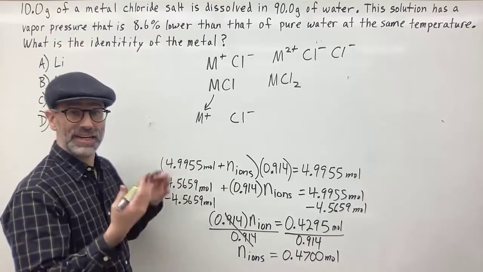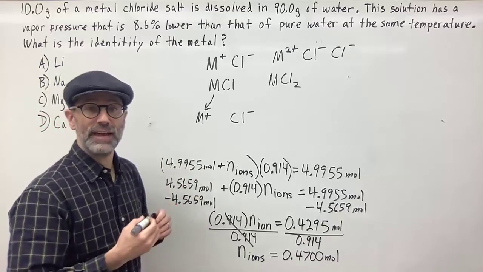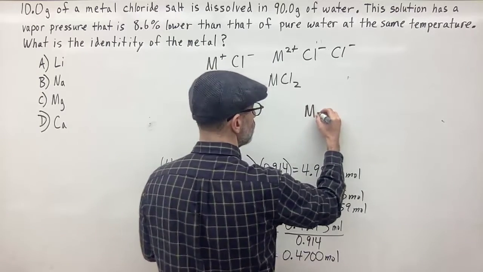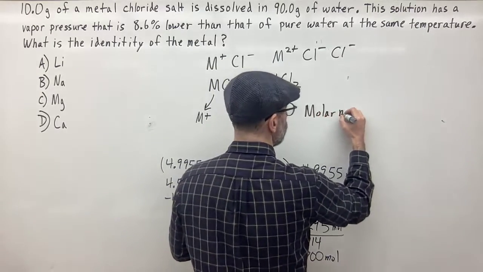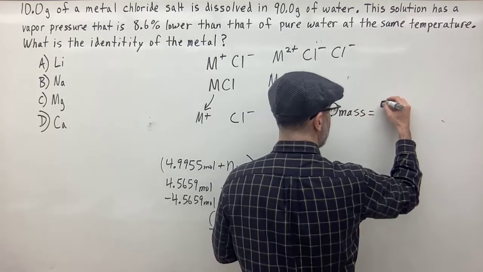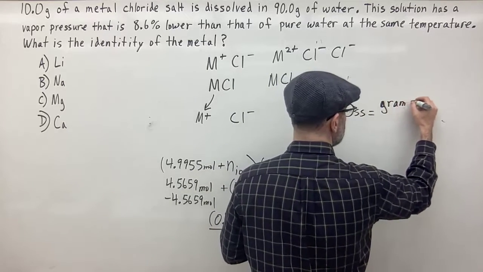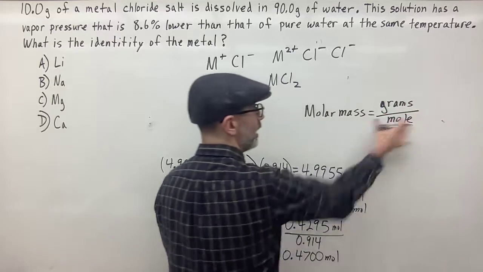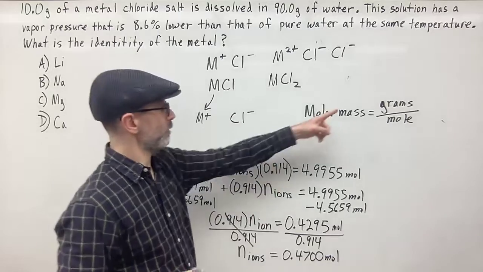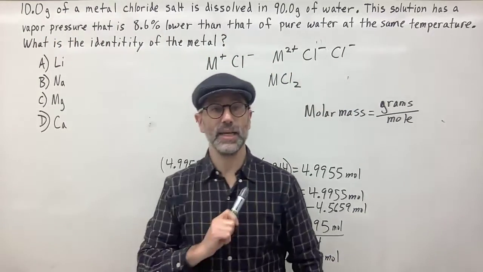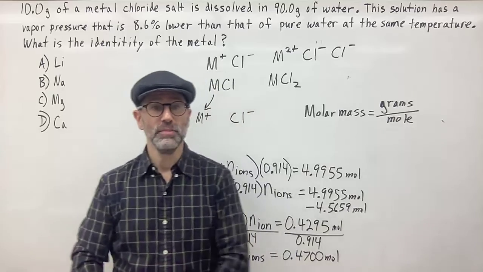So we need to find moles of the metal. They gave us grams. So remember, molar mass is equal to the grams per mole. So we need to find the moles. We don't need to find grams because they told us that the metal chloride is 10 grams, right?